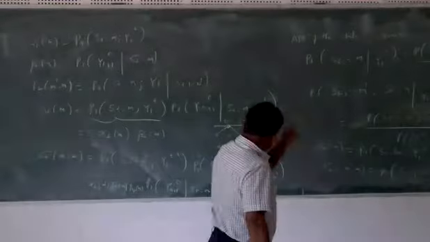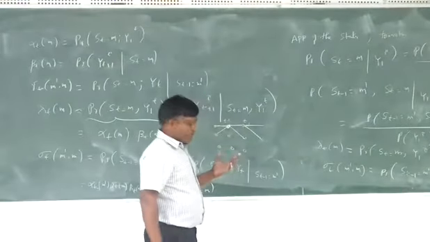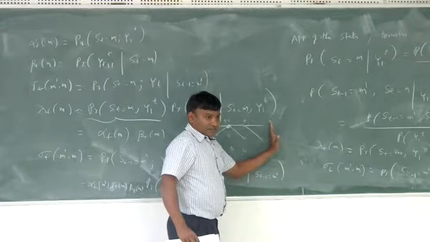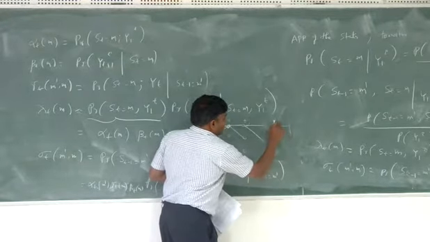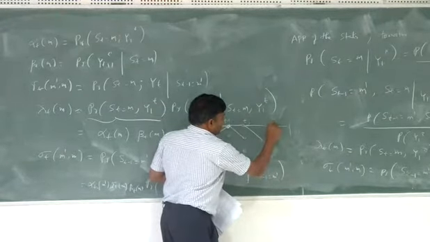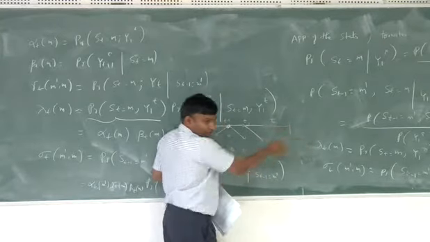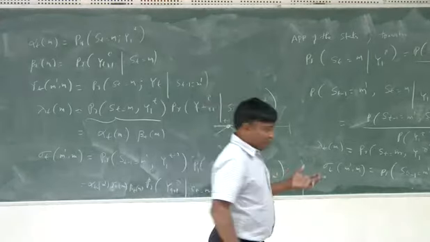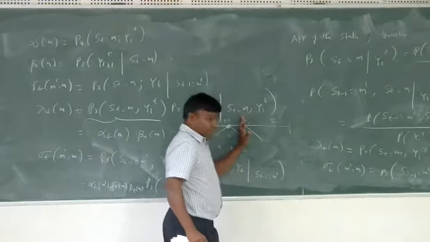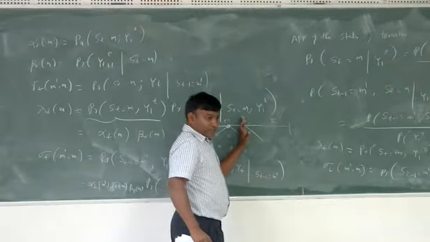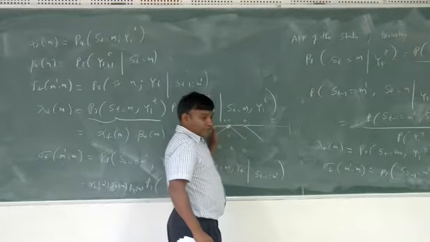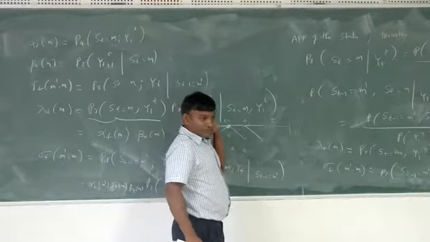Actually, there are some approximations that you can always make. You don't have to go all the way to the end. Even in the Viterbi algorithm, there are a lot of modifications made. At your time t, you can make a decision about the symbol transmitted at t minus some t prime.